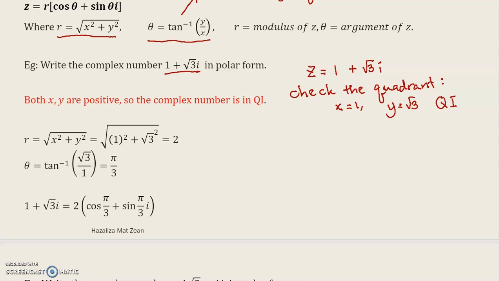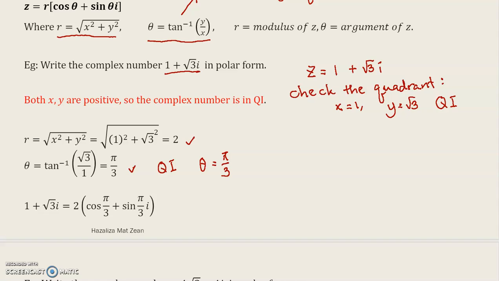This is how we find r. So r is 2, and then theta is arctangent of square root of 3 over 1, because tan theta is y over x. So we have pi over 3. Since the complex number is in quadrant 1, theta is indeed pi over 3.